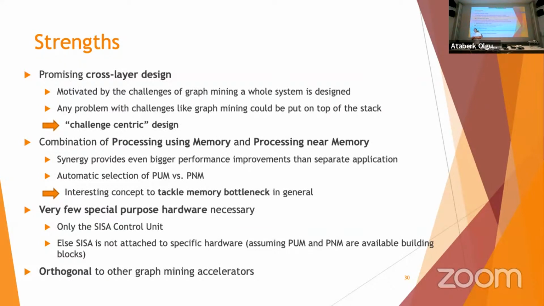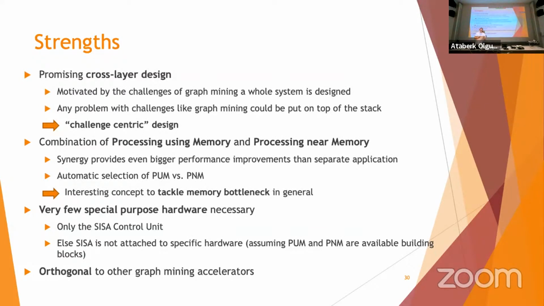And last but not least, SISA is orthogonal to other graph mining accelerators. Why is that nice? Well, I think in general, if we've got a problem, the solutions are often such that we've got solution A and solution B, and then one is faster, or maybe they're even both as good on the same level, but they can't be used together. It's different with SISA.